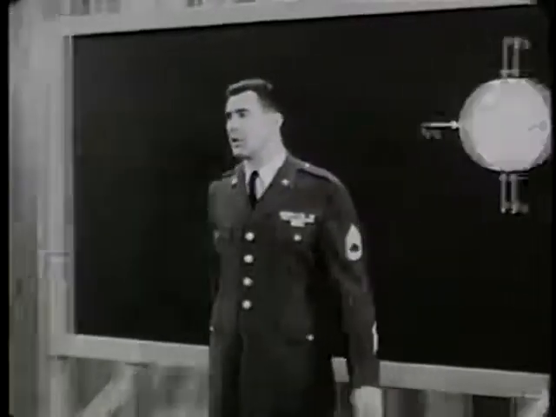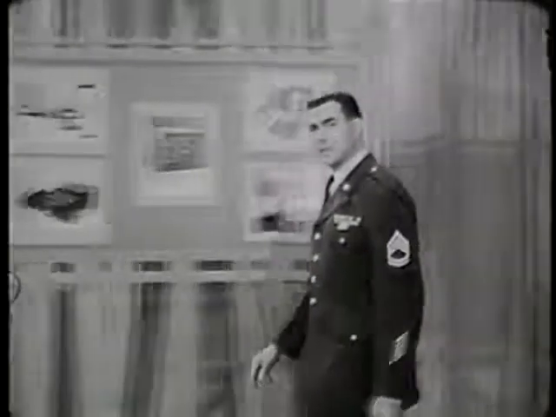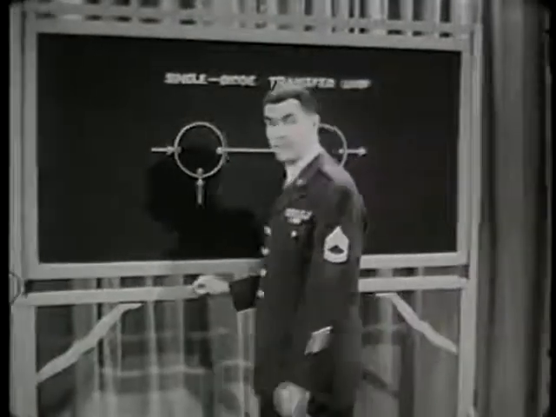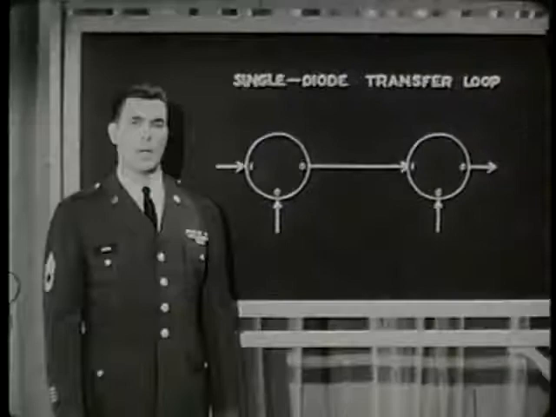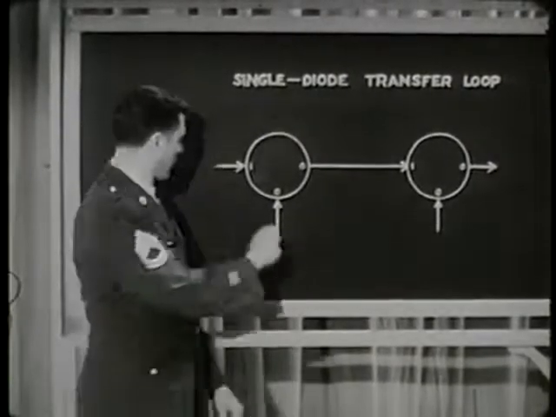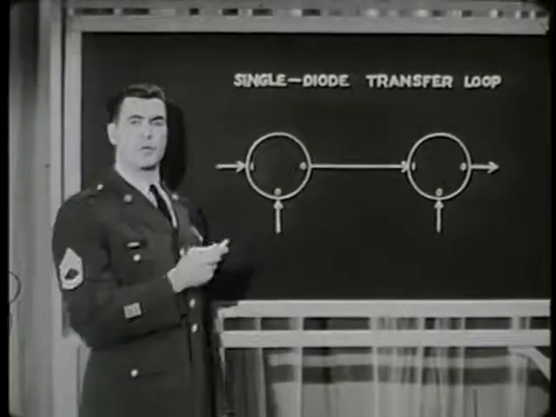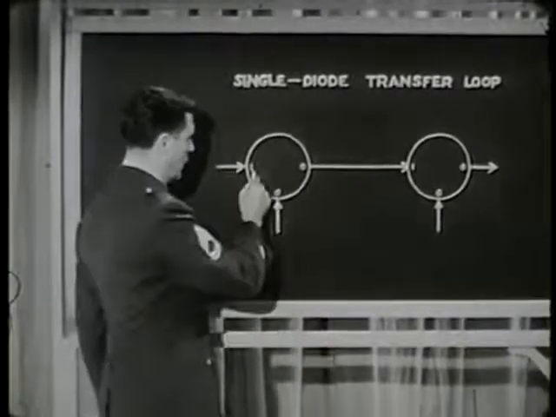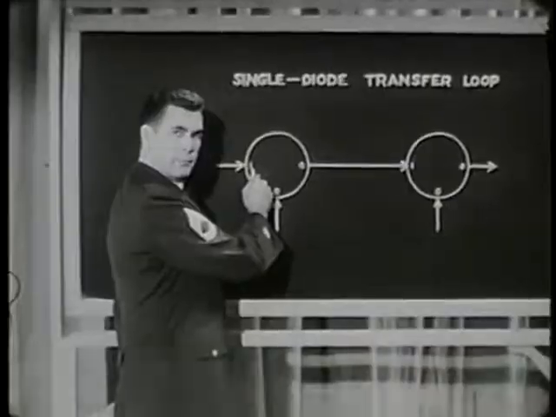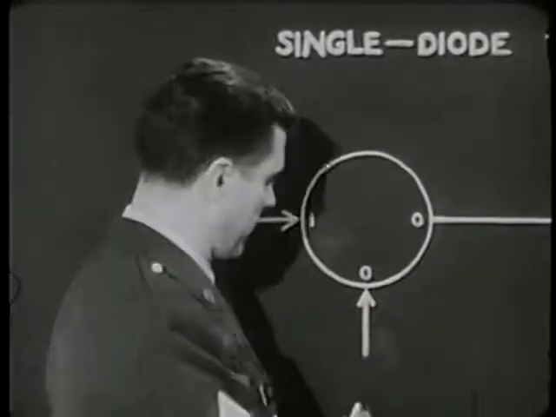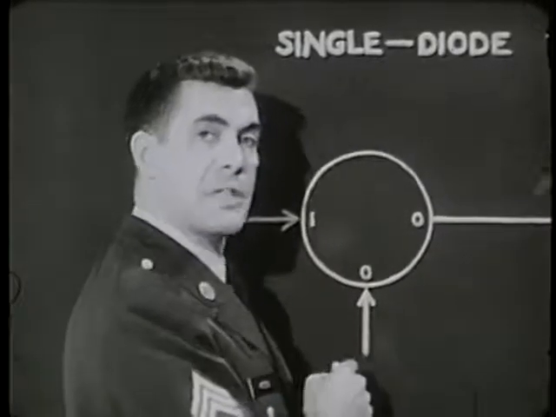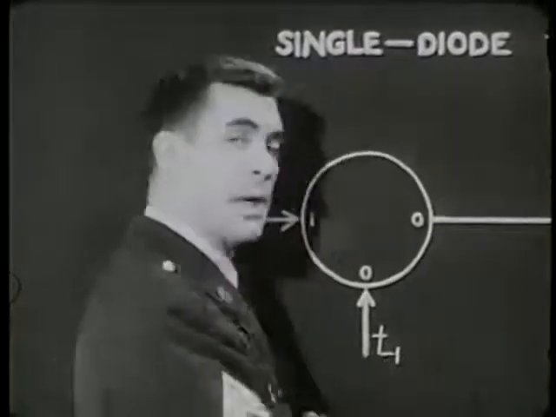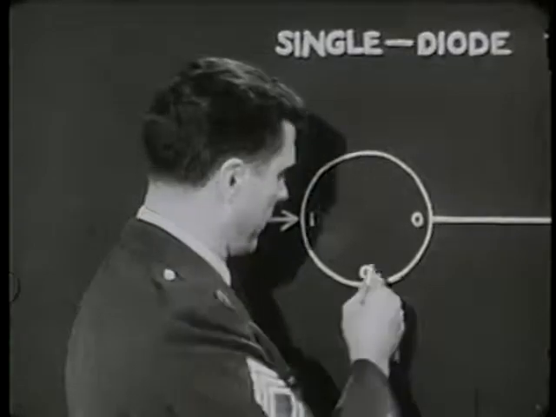Now let's take another look at the logical diagram of the single diode transfer loop. It gives us the whole story very quickly. An input pulse sets the first core to binary 1, unless it's there already. The core stays at 1 until a shift pulse comes in at time T1 and switches the core to 0.